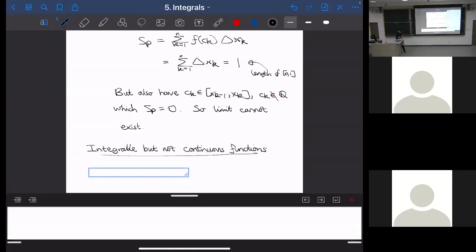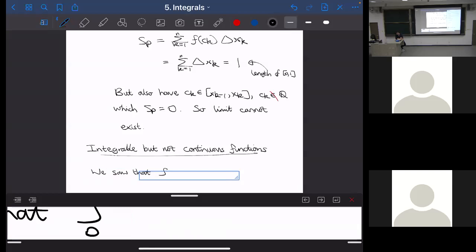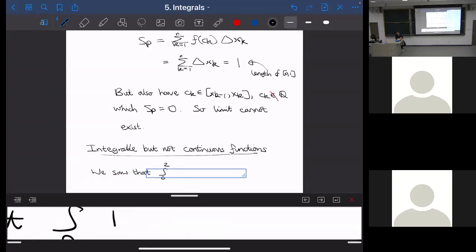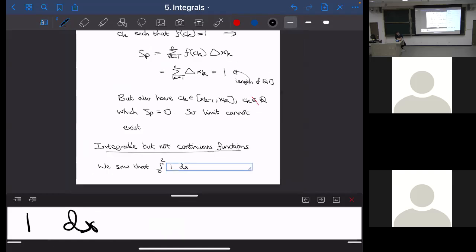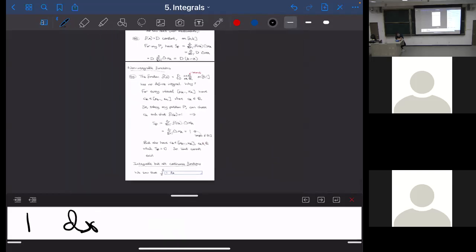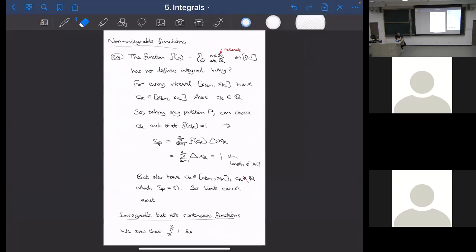Okay, let's start again. So we saw that the integral, say from 0 to 2, of a constant function. Let me just check how I wrote this. Yeah, let me add something up here.